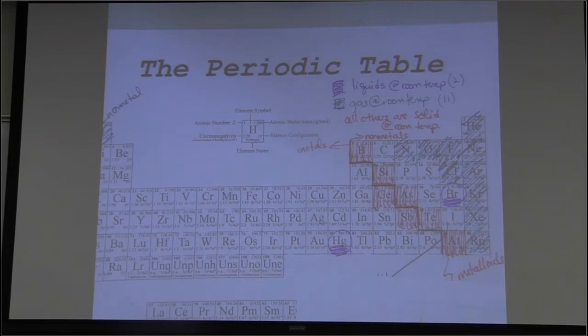So who are the two liquids at room temperature? Mercury and bromine. Who are the nonmetals that are solid at room temperature?